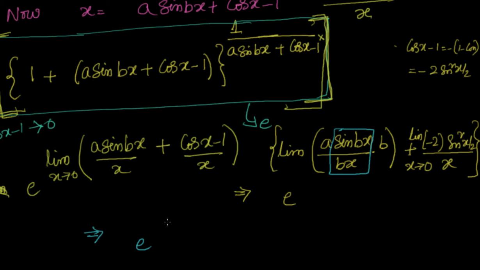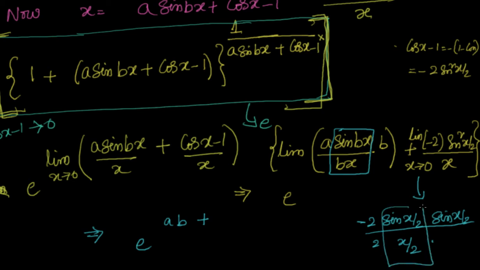So it becomes e power ab plus, now the problem with this, whatever we have, minus 2 sin square x by 2, I can write it as sin x by 2 into sin x by 2. Then I have one x, so I can write it as x by 2 into 2. Now this will become 1, but sin x by 2 will be 0. So you will have ab plus 0, that will be e power ab.